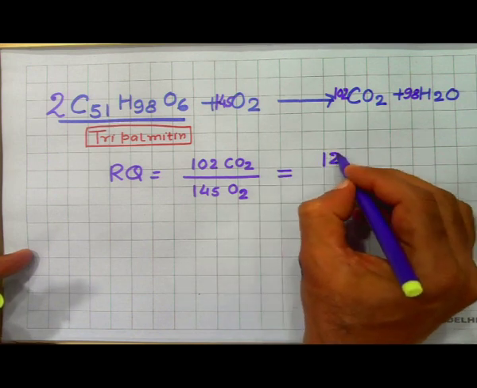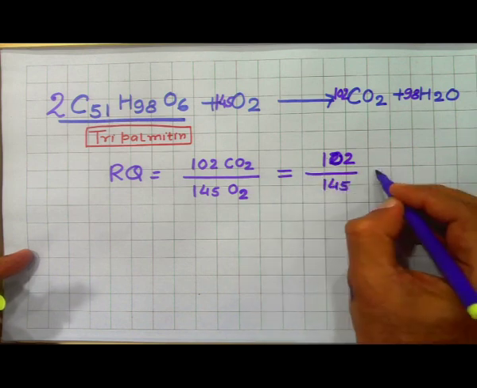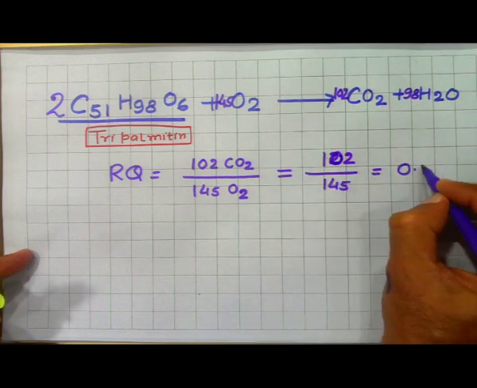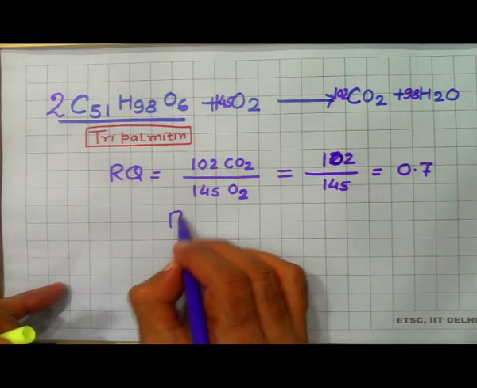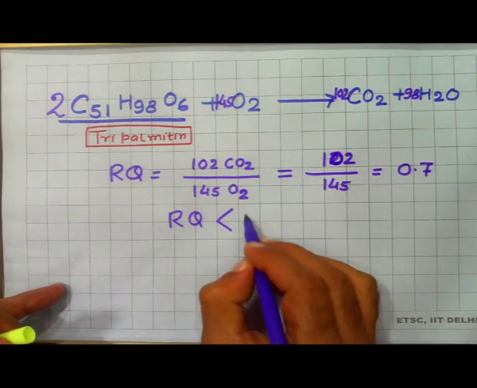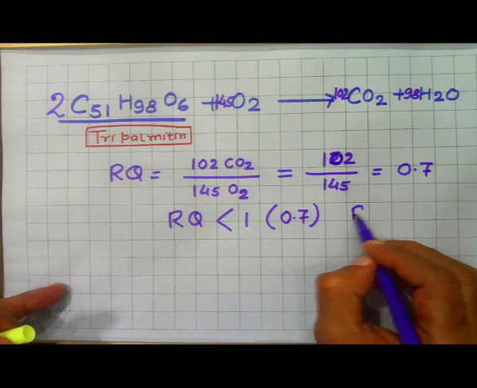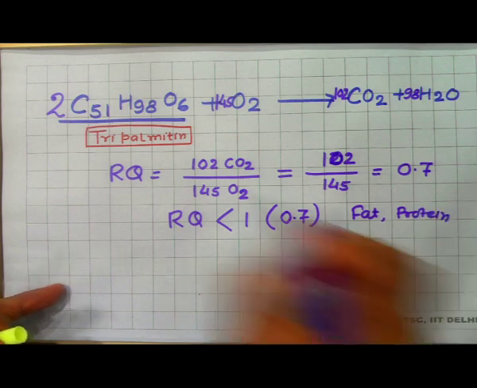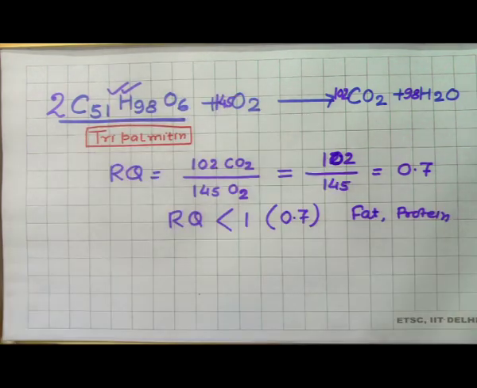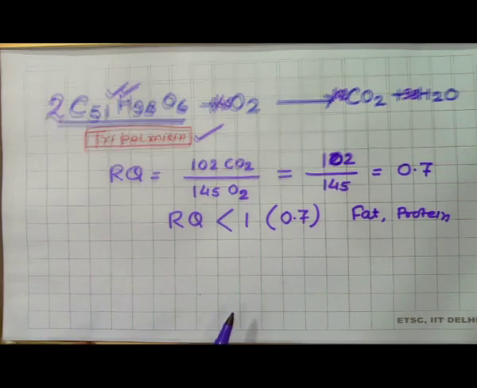That means 102 by 145, which is equal to 0.7. So, as we have discussed, when the RQ value is less than 1, that is 0.7, it may be fat or protein. So, with this reaction we can say that tripalmitin is not a carbohydrate, it is a fat or protein.